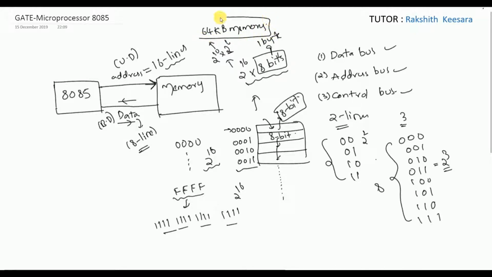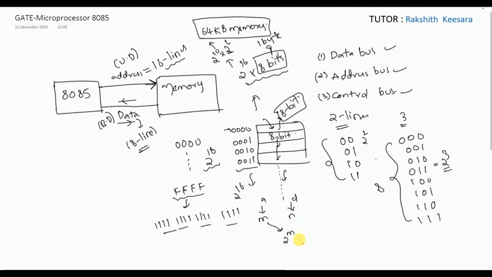Is this okay, guys? So if in a question we are given the number of address lines and the number of data lines, you can calculate the total memory. See, if m is the number of address lines and n is the number of data lines, what does that indicate, guys? There are total 2 power m addresses.